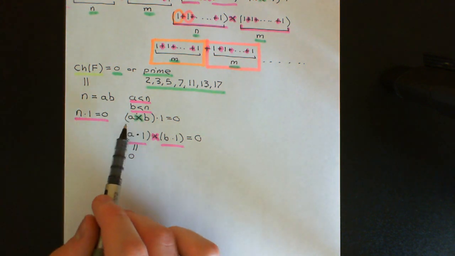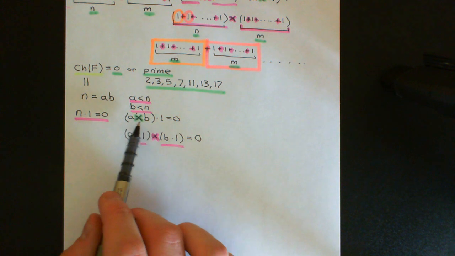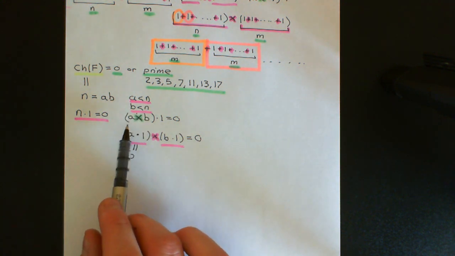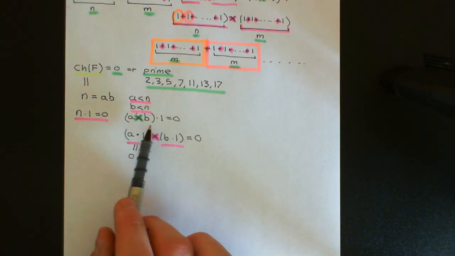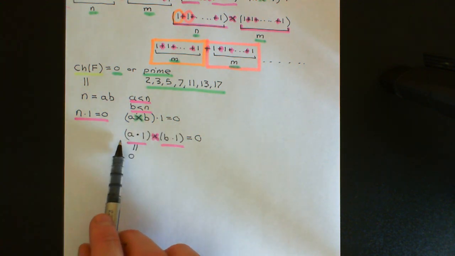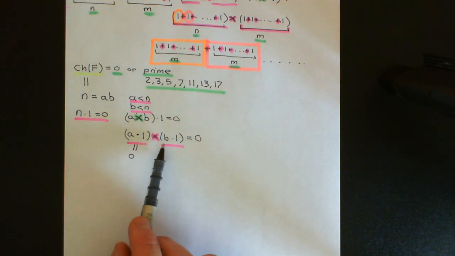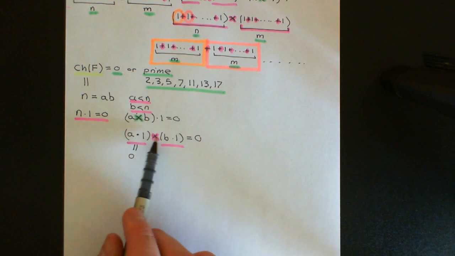If n was not a prime number, this would be a perfectly valid argument. I could write n as a times b, where both a and b are strictly less than n. And then of course a times b dot 1 is equal to 0, but then I could split this into a·1, 1 added to itself a times in the field, times b·1, 1 added to itself b times, and that would be perfectly valid.